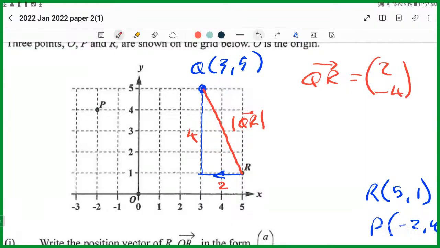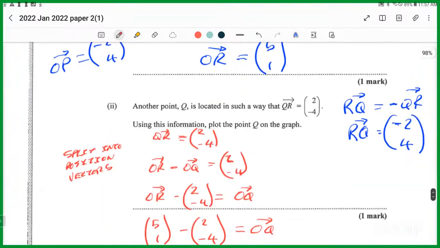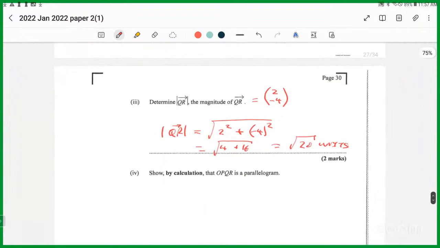It becomes the square root of this side squared plus that side squared, 2 squared plus 4 squared, which is the square root of 20 units. So we could use Pythagoras' theorem on the diagram as well. But that's it. We have to know how to calculate the modulus, guys, because they won't ask you to do anything else with it. They'll just ask you to calculate it.